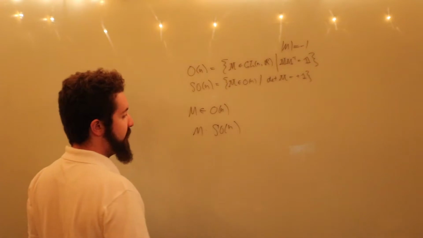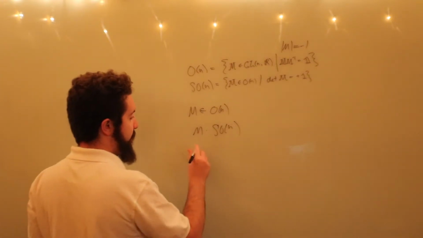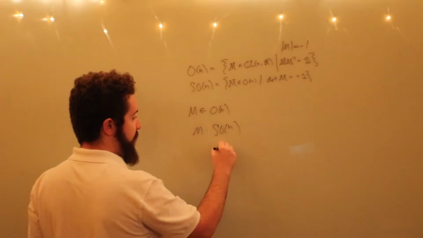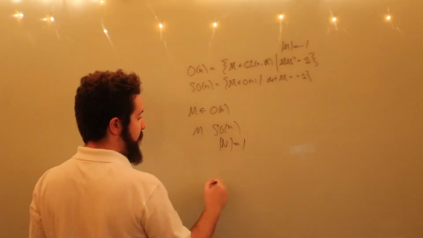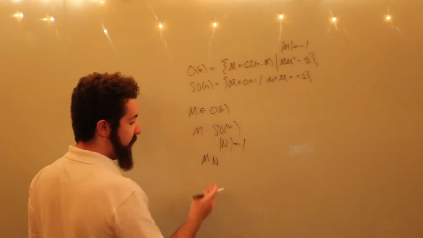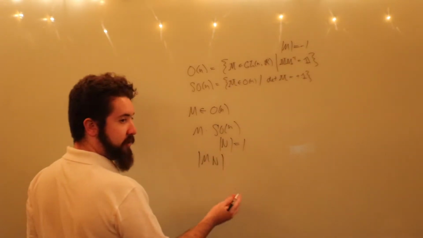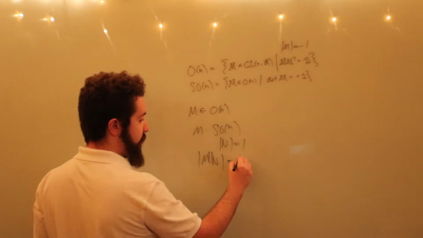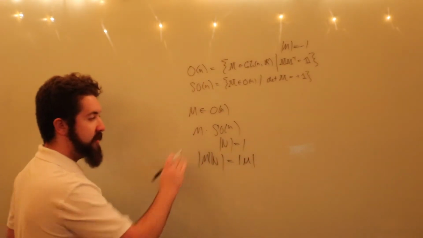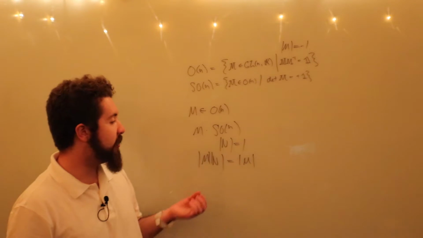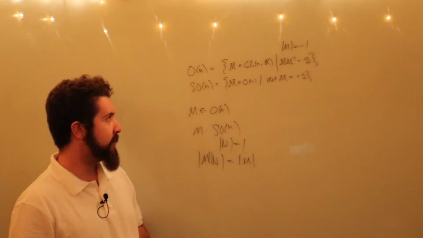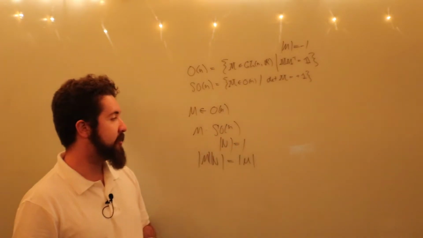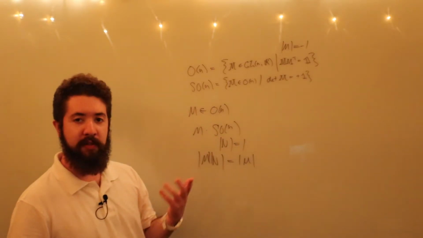But we also notice that for any matrix here, the determinant is equal to 1, so the determinant of the product matrix is equal to the product of the individual determinants, which is equal to whatever this is. And since we know that it can only be plus or minus 1, we see that there can only actually be two cosets of the special orthogonal group in the orthogonal group.